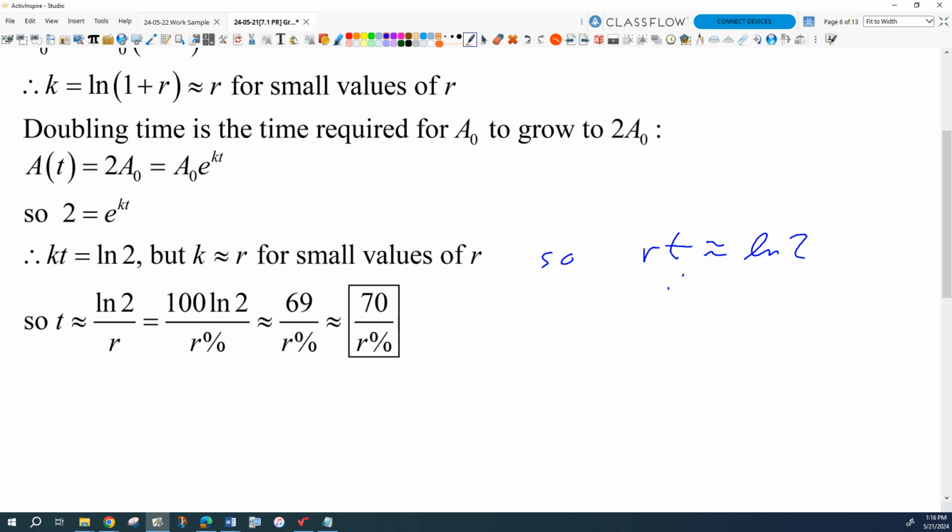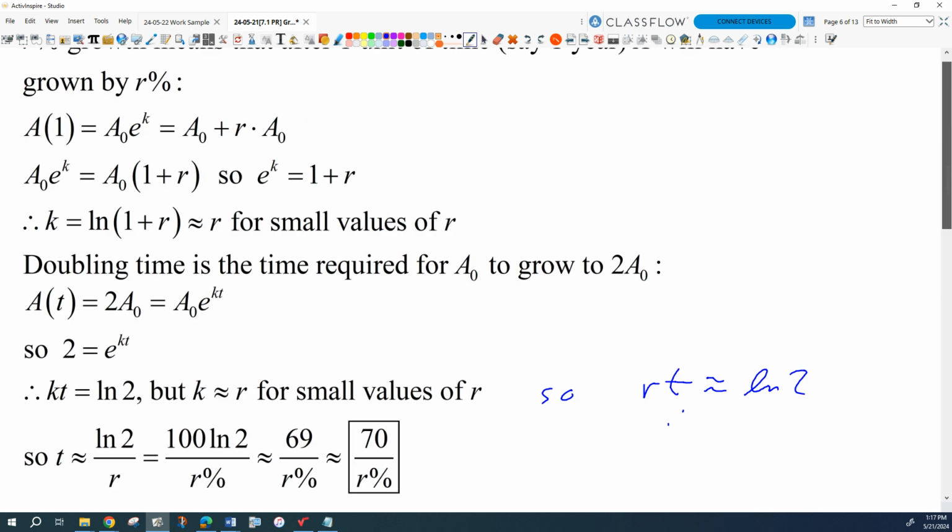So really 69 is the best number, but 70 is a multiple of 10, so we'll use that. And a lot of times people would even up that to 72 because 72 is more highly divisible. But that's how we get the rule of 70. It's pretty easy, right? So 70 divided by the annual growth rate estimates doubling time.